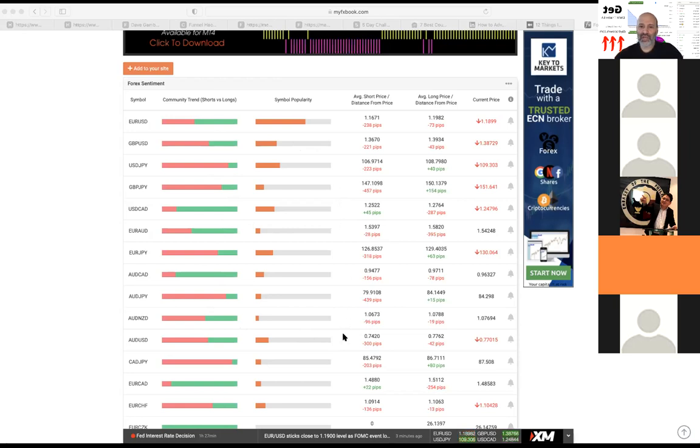Most of the drawdowns are below 20%. Maybe one had 24%, and this one is a little bit above 20%, but most of them are below 20%, based on the default values.